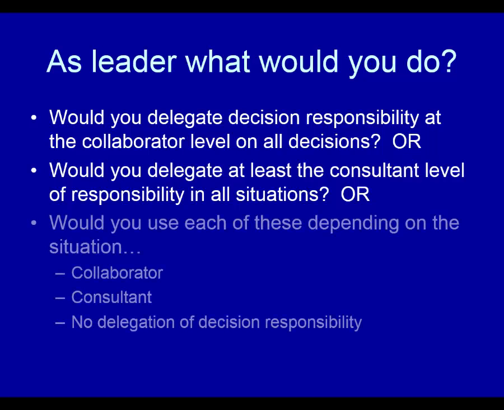Or would you use each of these depending on the situation? Sometimes collaborator role is what you use, sometimes consultant is what you use, and sometimes you have no delegation of responsibility at all. Well, in this presentation, we're going to advocate for the latter.